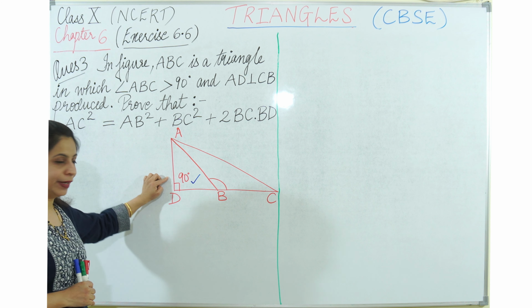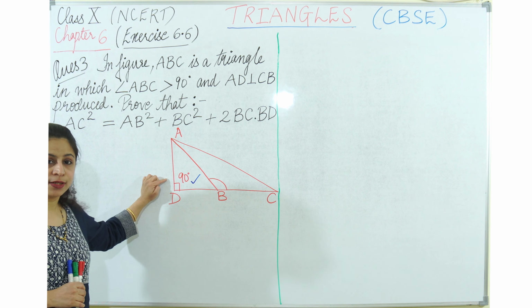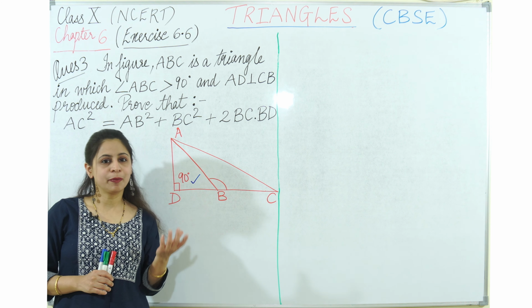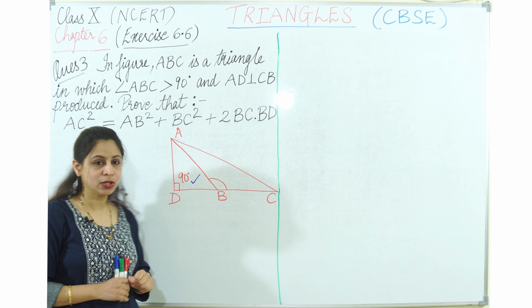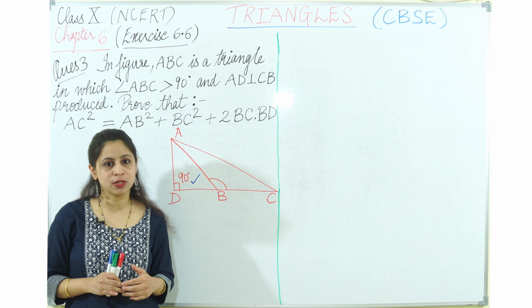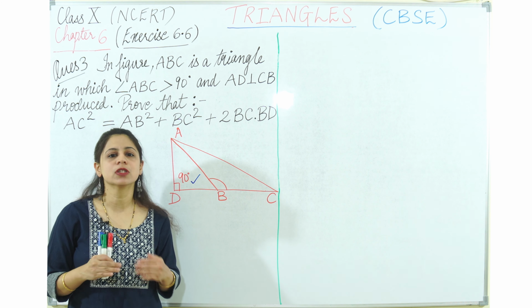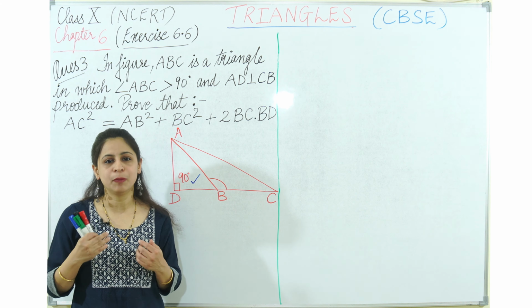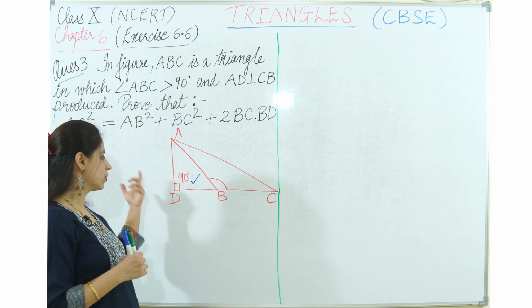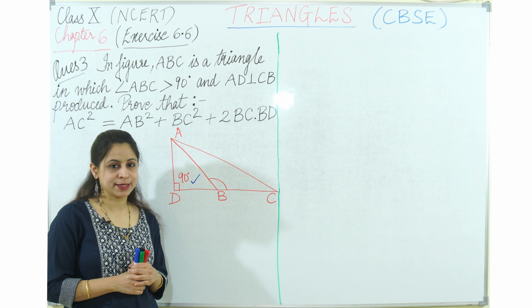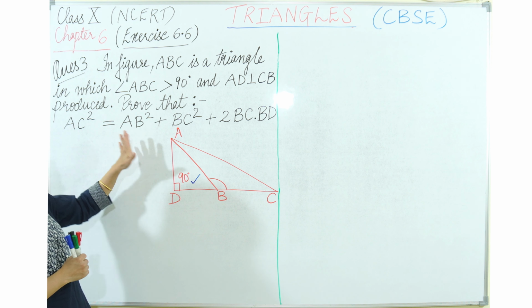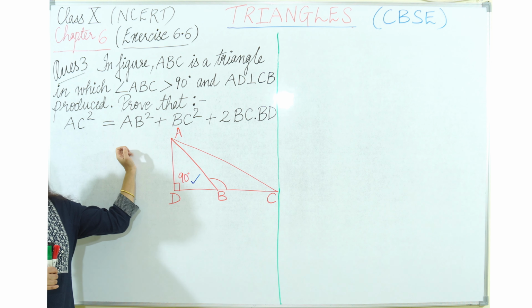Whenever we have 90 degrees in a triangle, the Pythagoras theorem is applicable. Opposite to 90 degrees is the hypotenuse, and the square of the hypotenuse is equal to the sum of the squares of the perpendicular and the base. So let us take the two triangles step by step and try to prove the given expression.